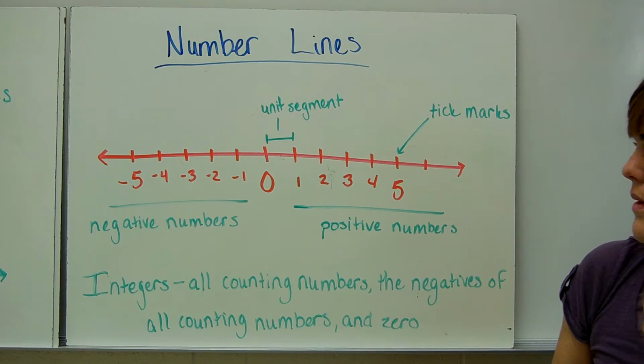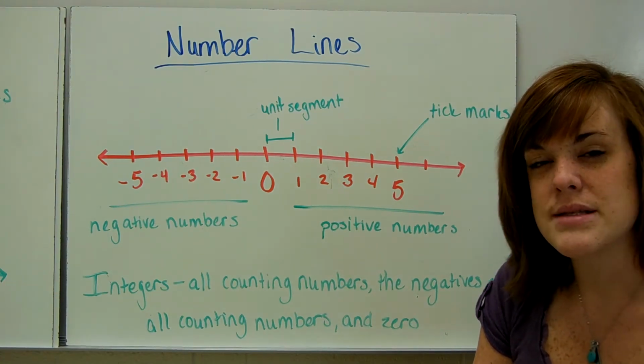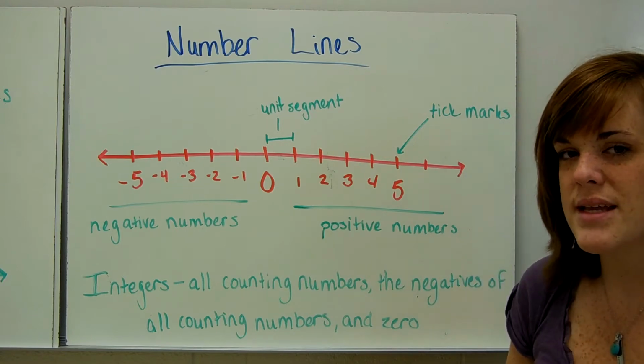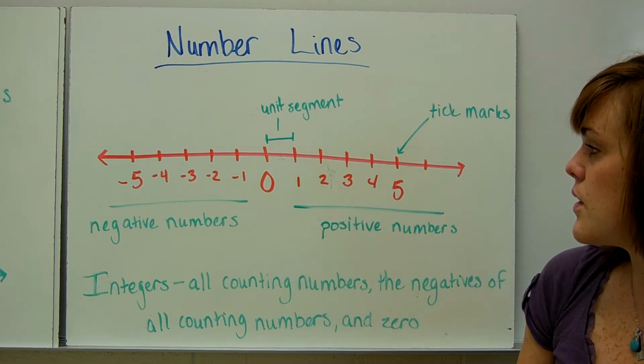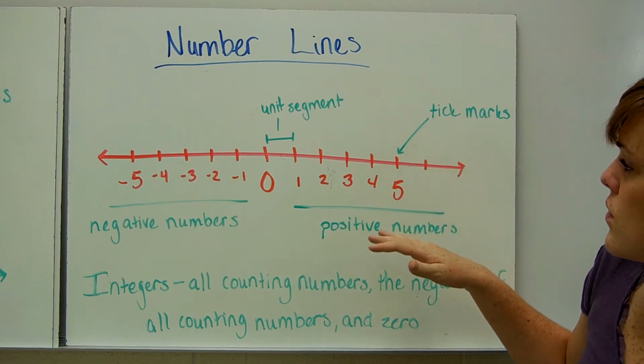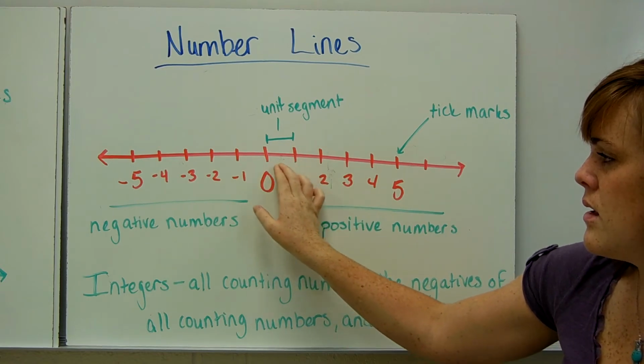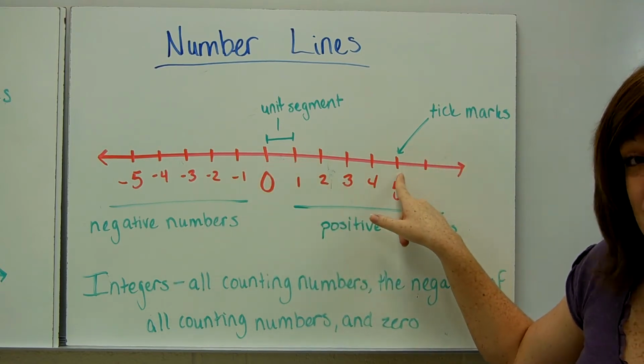Okay. So, number lines are kind of complicated with how many pieces there are, but once you get it, they're easy to understand. So the red is a number line, and then I have all the pieces labeled. So a unit segment is the distance between two tick marks.